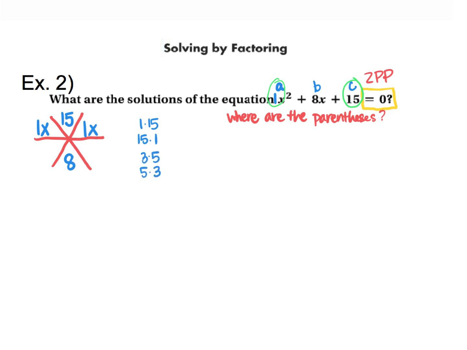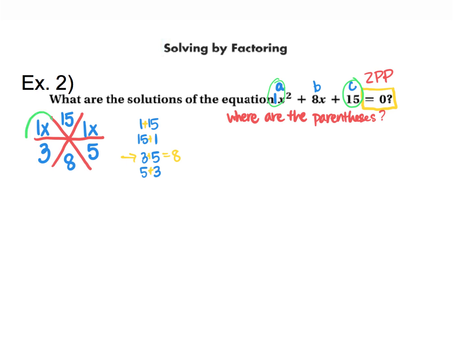Do any of those, when I turn them into addition, if I make it a plus, work out to be 8? And the answer is yes, we found one. 3 and 5 work out to be 8. So do 5 and 3. You could use either one. So we'll use 3 and we'll use 5.